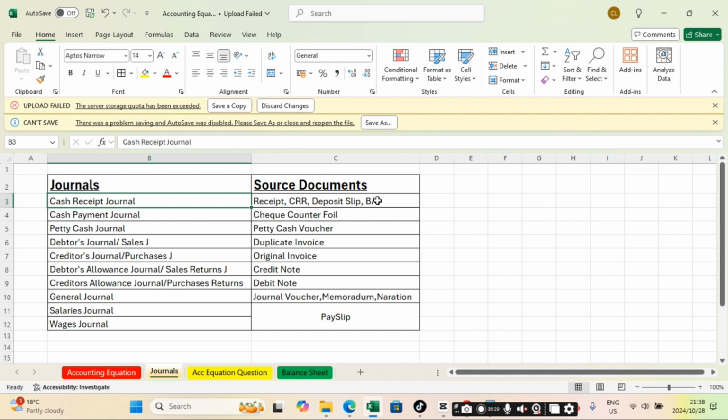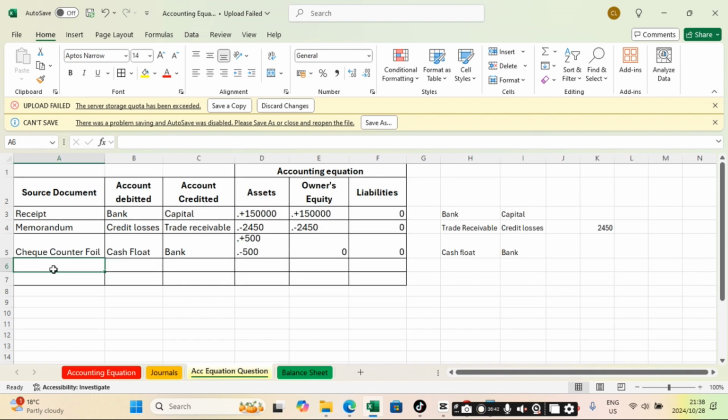We're going to see that the check has been cancelled on our bank statement. When we receive the bank statement at the end of the month, that's where you're going to see that the check has been cancelled. So the source document is our bank statement.